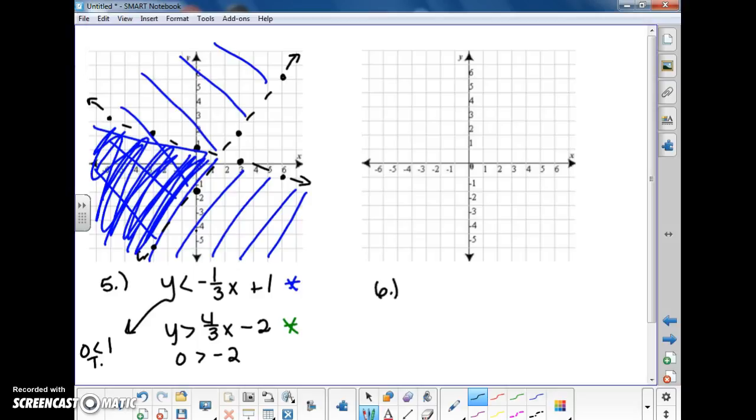Okay, let's look at number 6, and we'll look at number 5. I did number 5 right, but it's different than the number 5 you have on your study guide because of the sign of the 4/3. So yours gets a little bit different because I made that one positive on the side. Number 6 was y is less than or equal to 1/2 x plus 1. y is less than 2x minus 2.